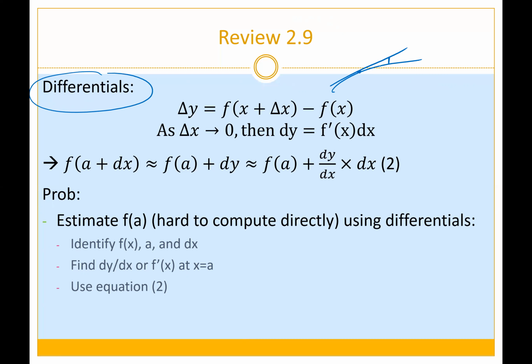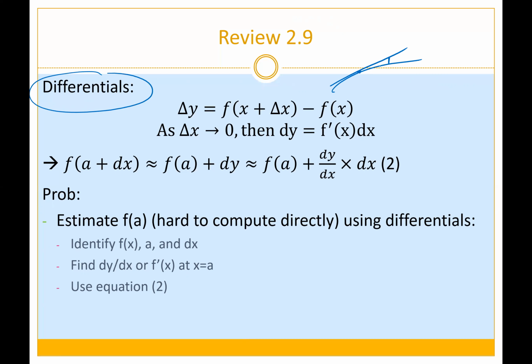The way we do that is that now we have dy equals f prime of x dx. Also, the approximate value is approximately f(a) plus dy. Essentially, in representation and meaning, it's the same thing, so we're going to have the same type of problem as with linear approximation. It's just the way they represent it. Instead of the tangent line form, you put it into this form, and it's the same thing.